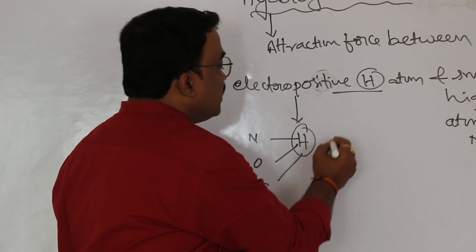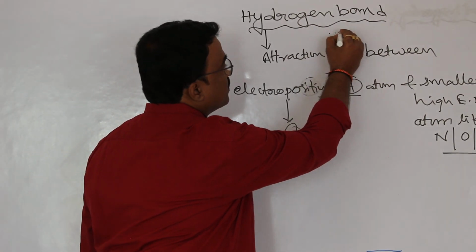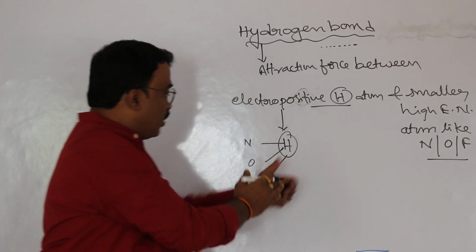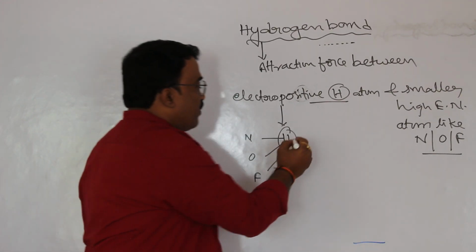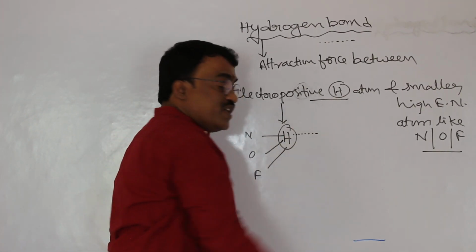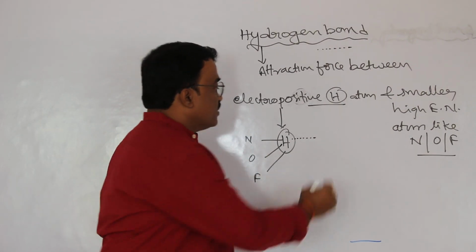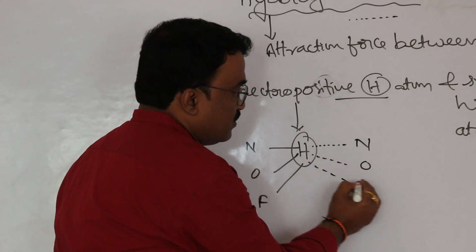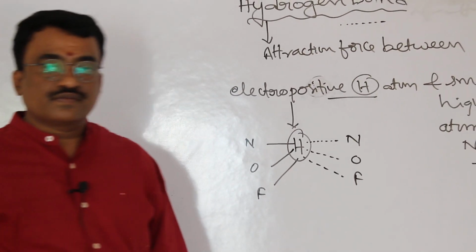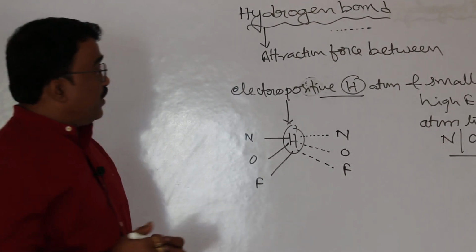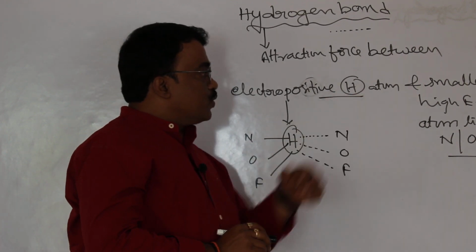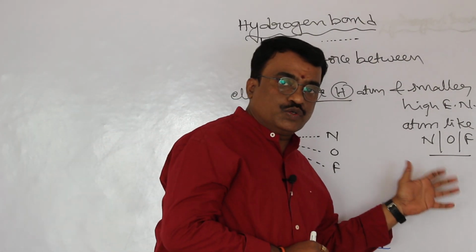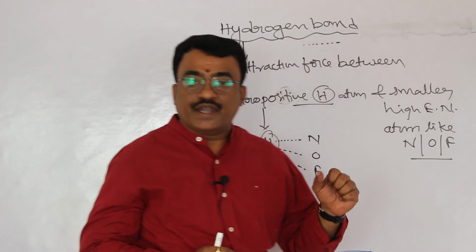Now hydrogen bond is denoted by dotted lines. So when this hydrogen is bonded to any one of these, then it forms hydrogen bond with nitrogen, oxygen, or fluorine. An attraction force between the electropositive hydrogen atom and a smaller high electronegative atom like nitrogen, oxygen, fluorine is called a hydrogen bond.